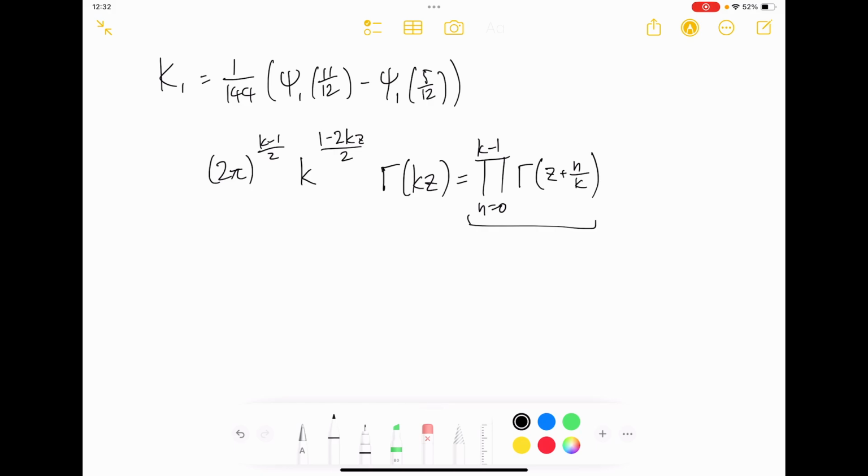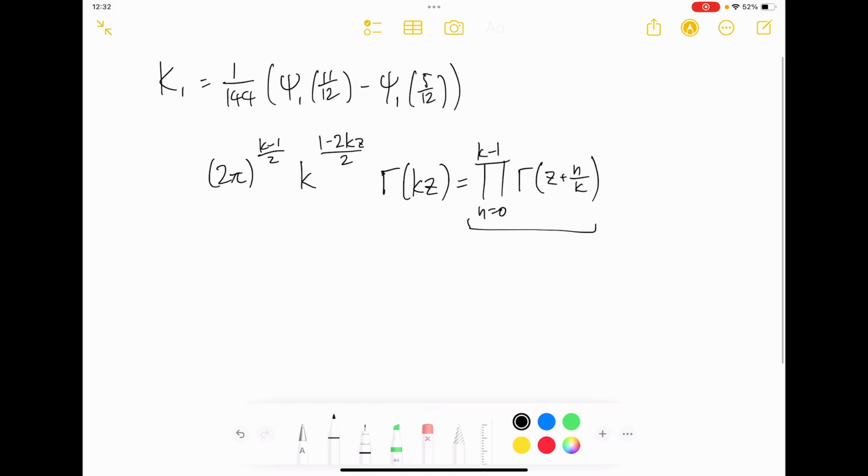So, recall that the definition of psi 1 of s is the second derivative with respect to s of the logarithm of the gamma function. And we're literally going to make use of this because this logarithm is going to transform this product into a sum. And so, let's first take the logarithm of both sides.